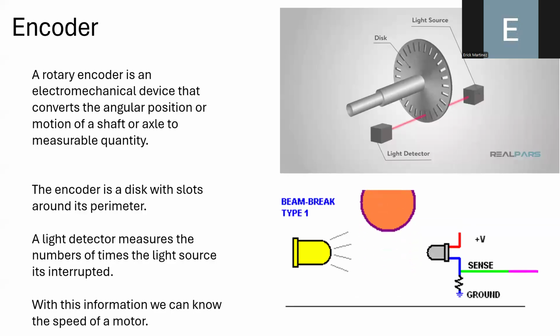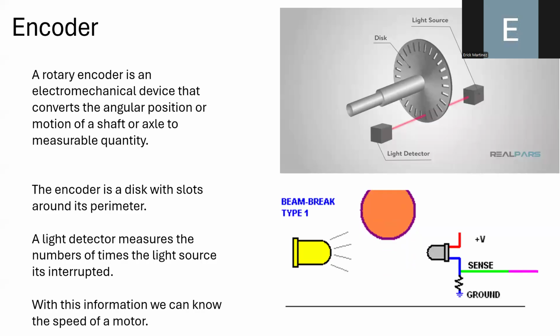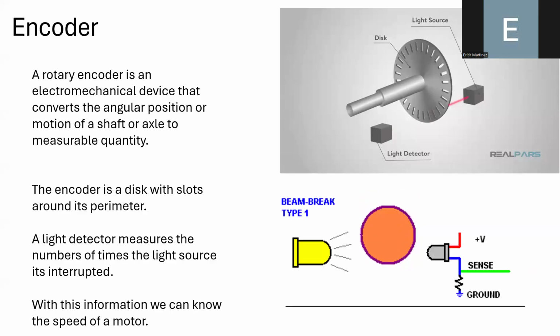But when the circle moves to the top, the light travels from the infrared LED to the photodetector, and we are producing a voltage. Basically, this is producing a square signal, and we can count the number of risings of this square signal.